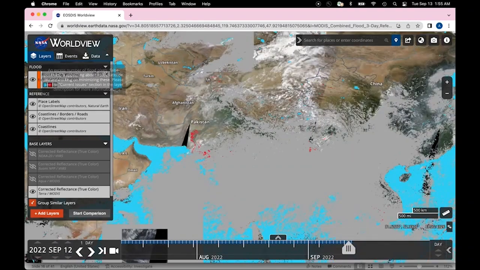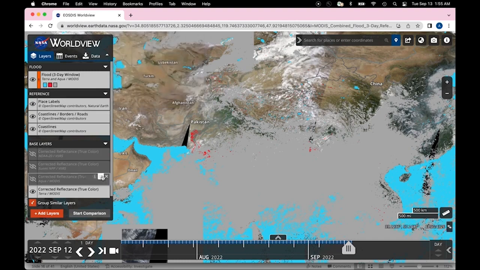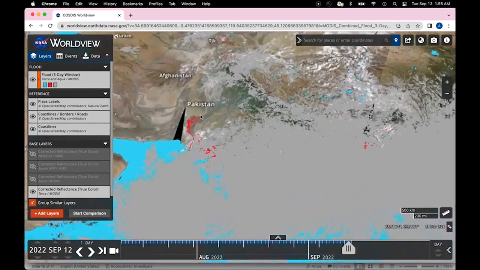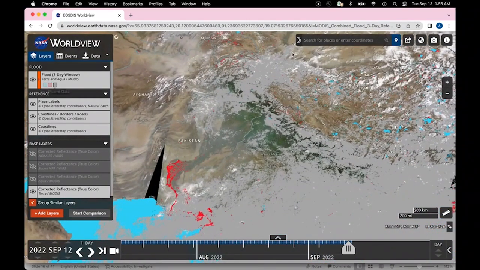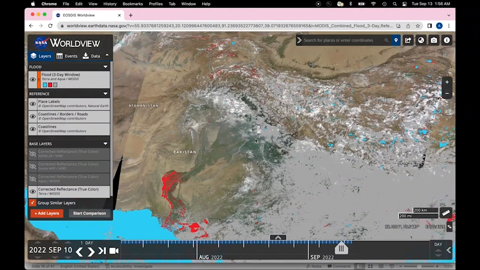If you look at the legend here, blue is the surface water, red is the flood water, and the gray areas are where either there are clouds or there are no data available. But even when there are data missing, you can see this flooding in Pakistan in large regions actually. You can go back and you can see how flood changes. The area of flood extent is changing.